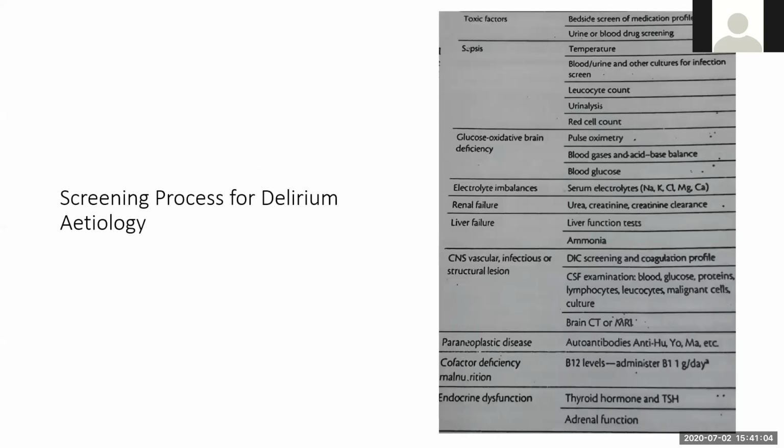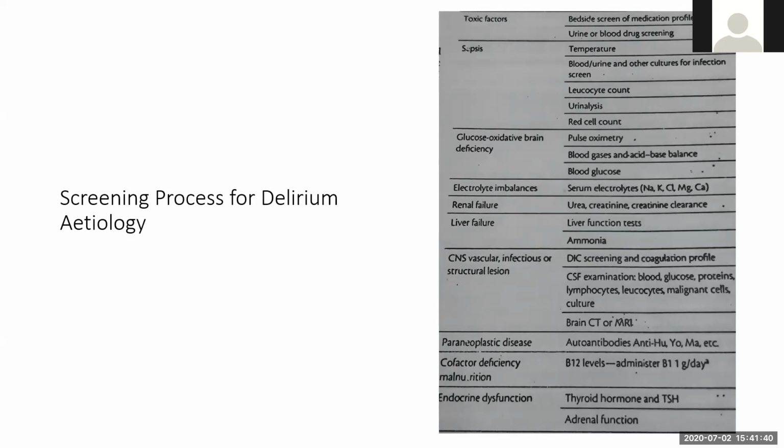Now, you all had talked about it could be infection. One of the causes can be infection, or glucose impairments or things like that. So what are the tests that we do? If you suspect infection, you can go for temperature, blood cultures, urine cultures, or even throat cultures, sputum cultures.